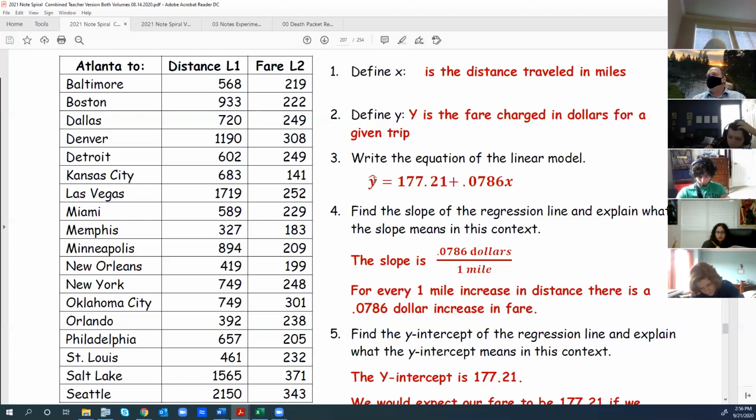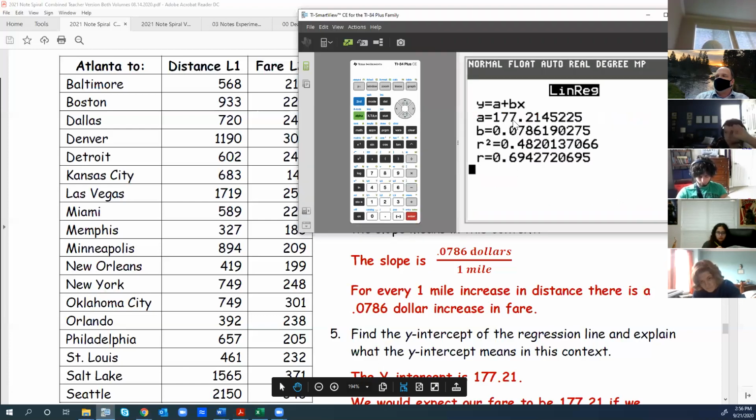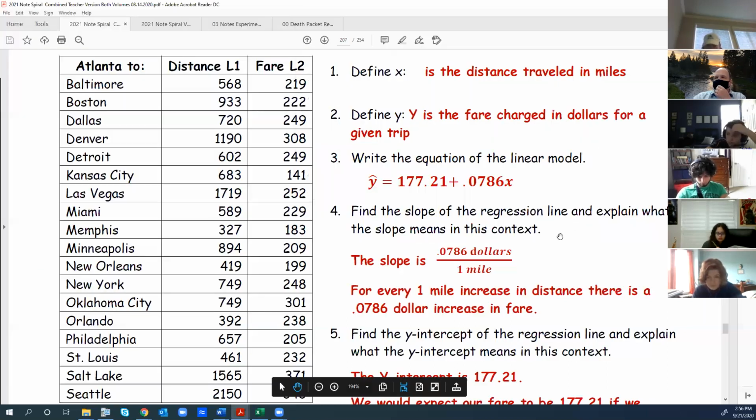And so Y hat equals 177.21 plus 0.0786x. And in case you forgot, that's what I got when I ran the linear regression with the calculator. 177.21 was my y-intercept. 0.0786 was my slope. And just like in Algebra 1, we need to define our slope. Please do it the way they taught you in Algebra 1.